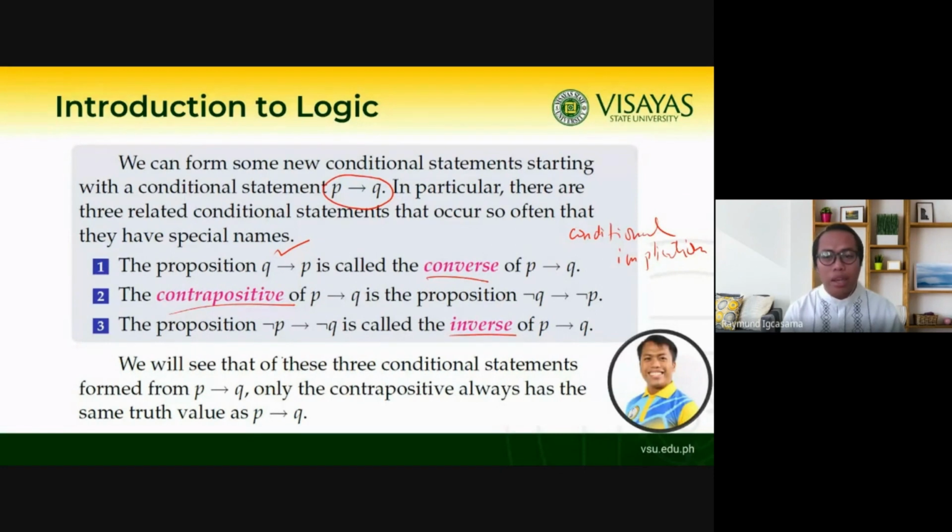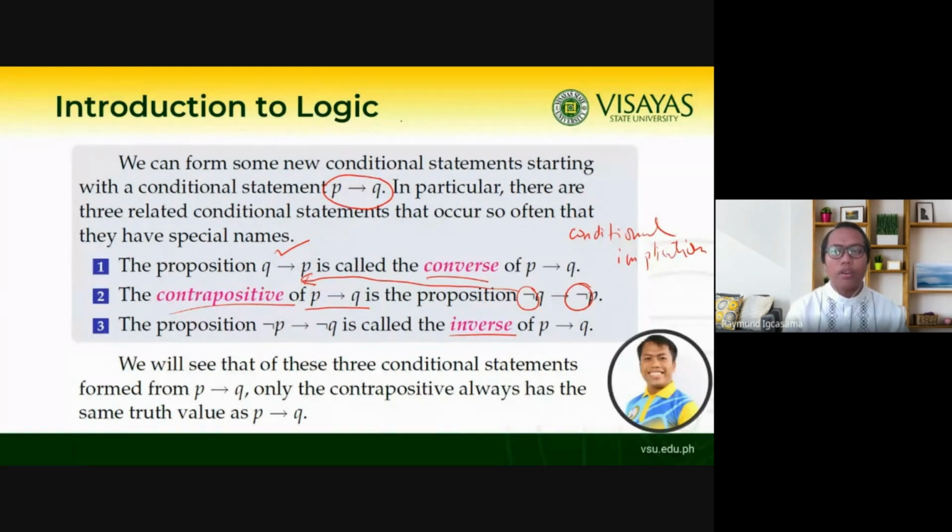The contrapositive of P implies Q is that you reverse it, so the premise becomes the conclusion and the conclusion becomes the premise, and at the same time you also negate it. Or to make it easier to understand, the contrapositive is just the negation of your converse.